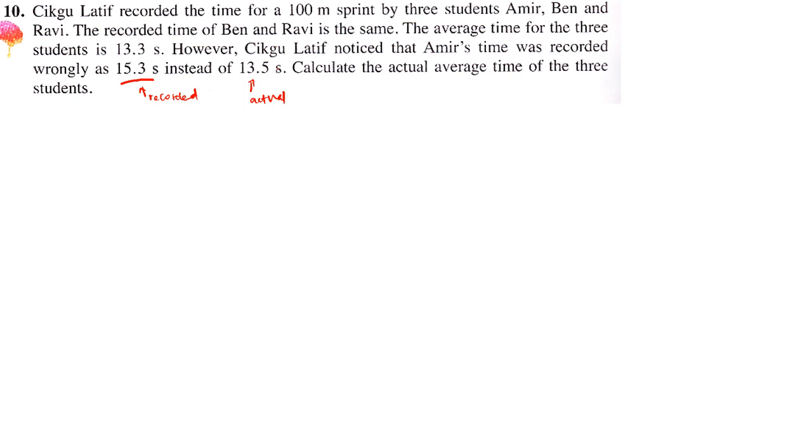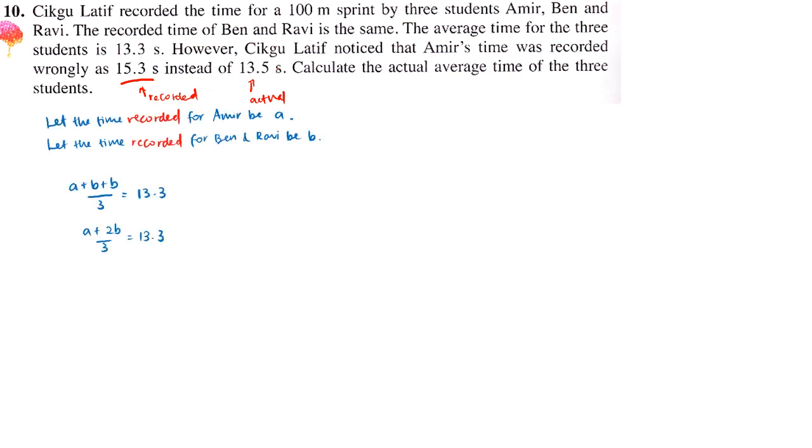So let's define our terms and then form equations out of it. Be very careful of this. When you solve linear equations that involve time, you better explain what your A or your B means. Is it the time recorded or the actual time?